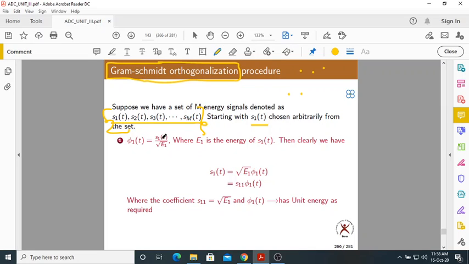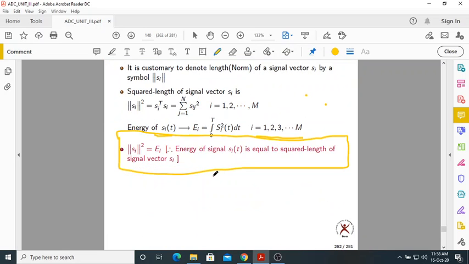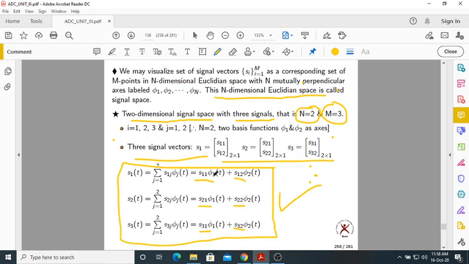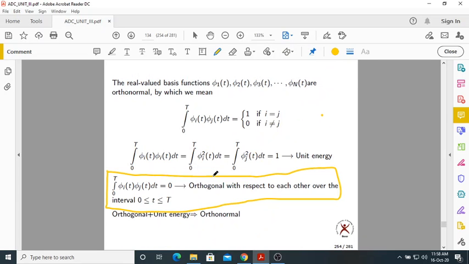You might have seen these kinds of things in Signals and Systems. Anyway, what is S1 of t from this equation? It is root E1 into phi 1 of t. But what is root E1? That is S11. Why? Let me go back to this equation.